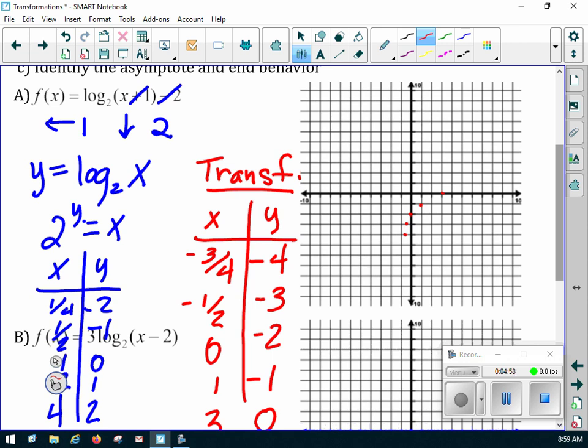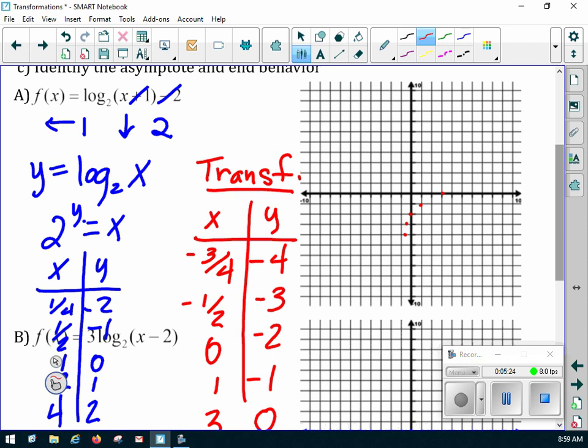Okay. I'm going to ask you a question first. Where's the asymptote? Now, what kind of asymptote does a logarithm have? A vertical one. Good. Now, if I move a vertical line down, does that change anything?